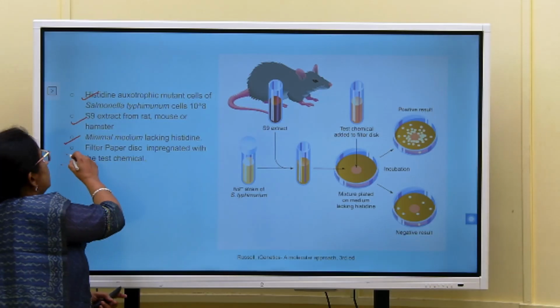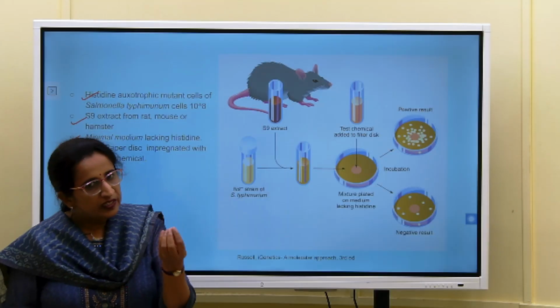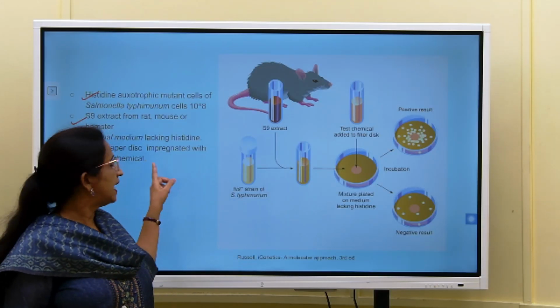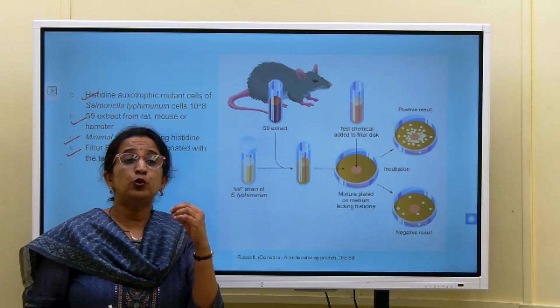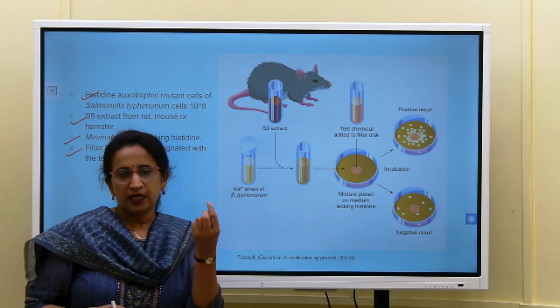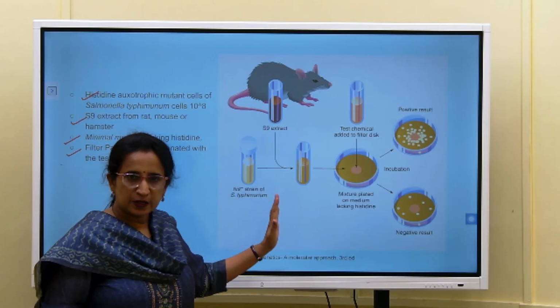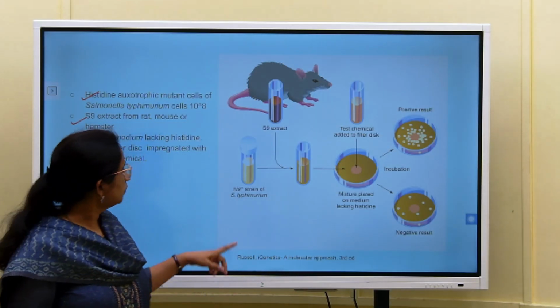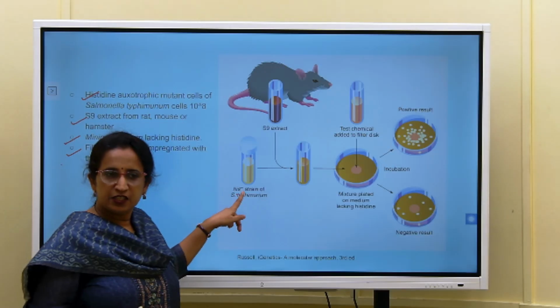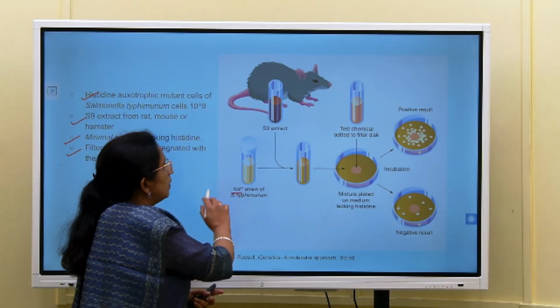And the fourth thing that we require is a filter paper disc which contains that particular chemical that you want to test. Any test chemical, environmental sample, anything that you want to test, that is taken in a filter paper disc. So this is how the test is done. You have a histidine minus strain, that is a histidine auxotroph of Salmonella typhimurium.